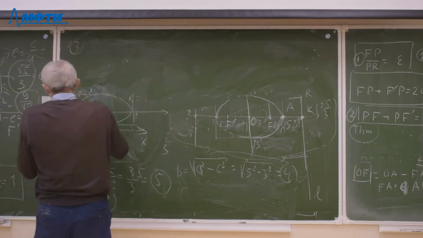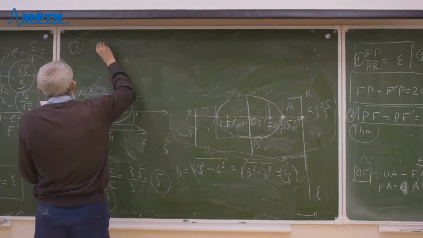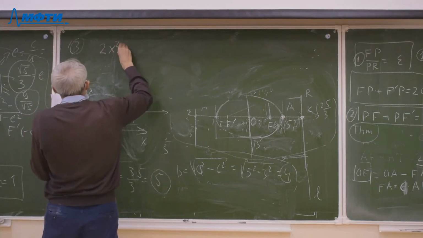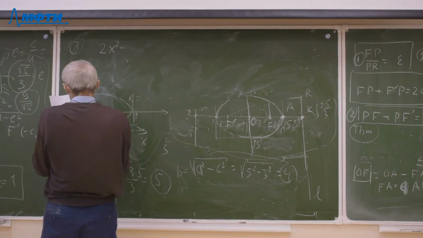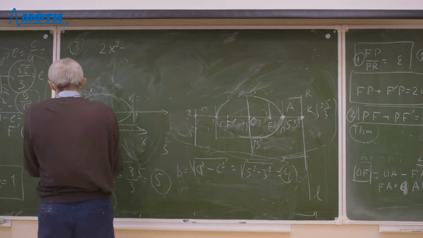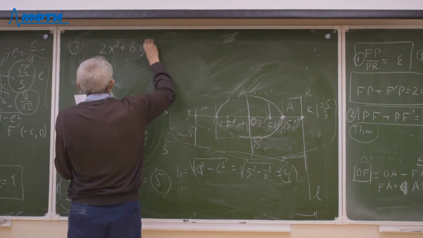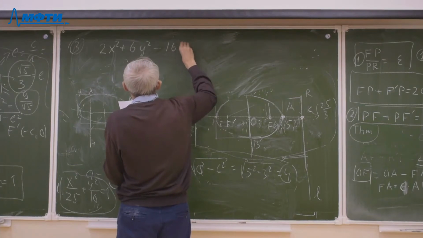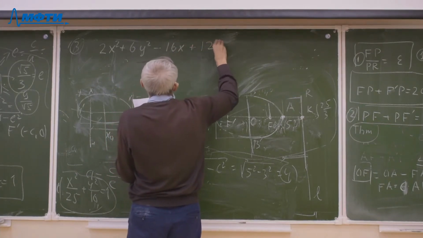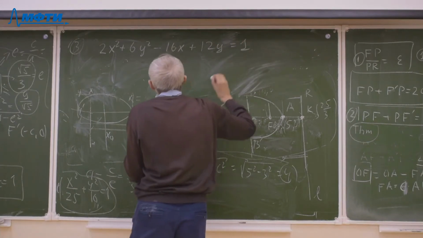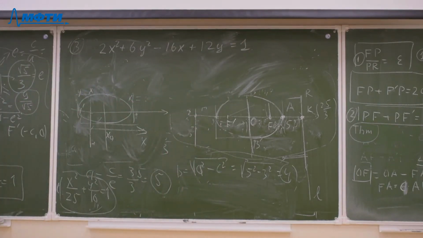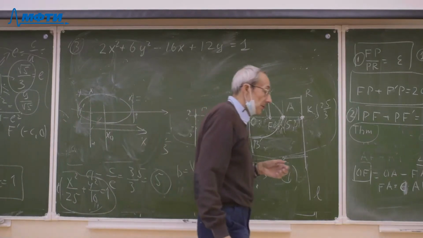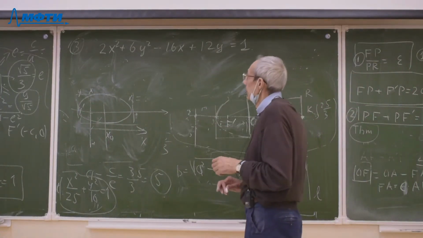We have the following equation: 2x squared plus 6y squared minus and the question, what curve do we have in this case?